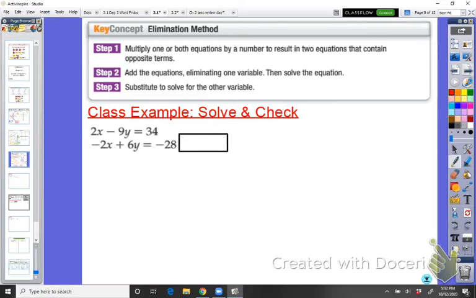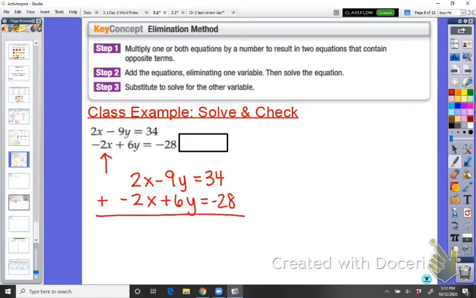So if I look at these two equations, I already see that I have opposite coefficients in the x. One's a 2, one's a negative 2. So I'm just going to start by writing these two down. And we're going to add these two lines. Because I have opposites right here, that makes 0.